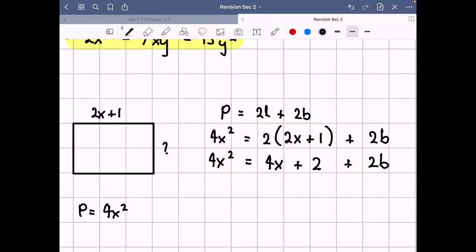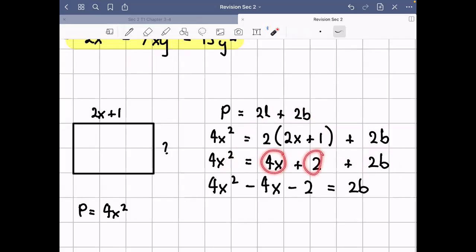So 4x squared minus 4x minus 2 equals 2b. This 4x and 2 went over the equal sign, so we transpose them. From positive, they become negative.